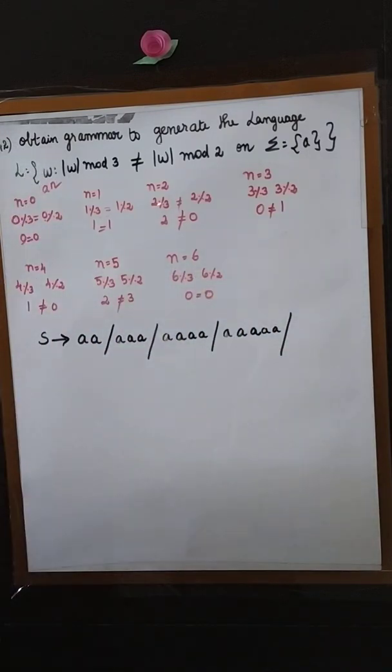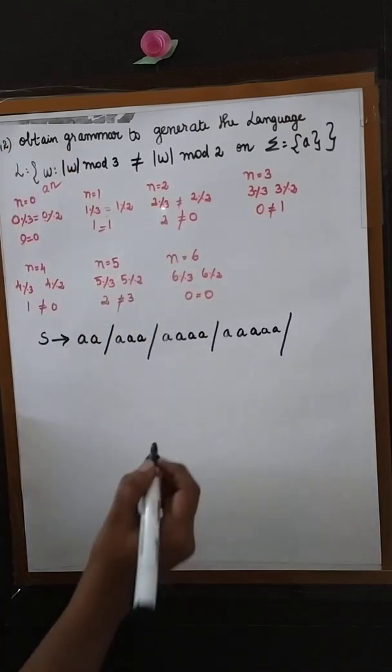When n equal to 6, what is happening? It is getting repeated, right? From there onwards it is getting repeated.